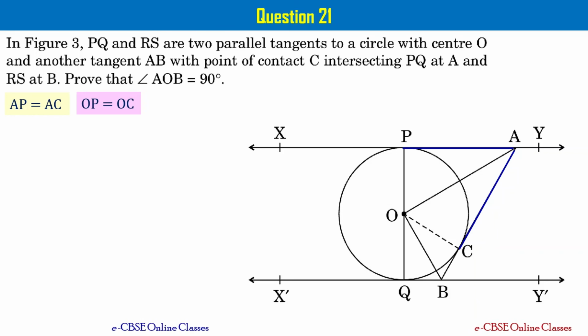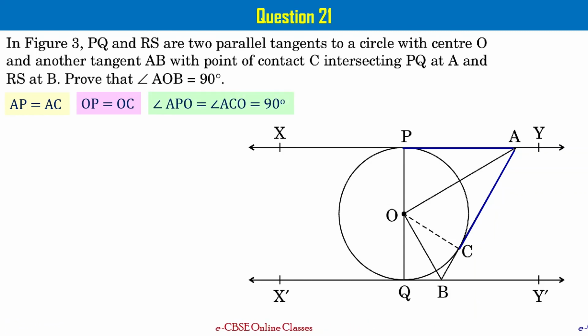And we know that angle APO equal to angle ACO equal to 90 degrees, right? Because these two are the angles made by the radius with the tangents, corresponding tangents, right? If you observe this, what you can say is, I have one angle, angle APO, that is equal to angle ACO, corresponding to another triangle.